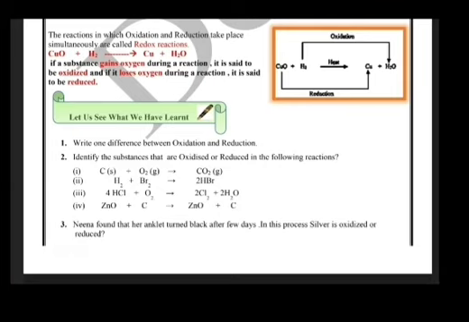Third question: Nina found that her anklet turned black after a few days. In this process, is silver oxidized or reduced? We can see in our family, mothers and sisters use anklets.